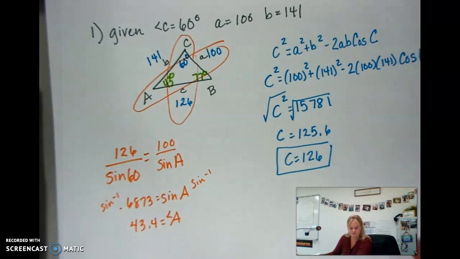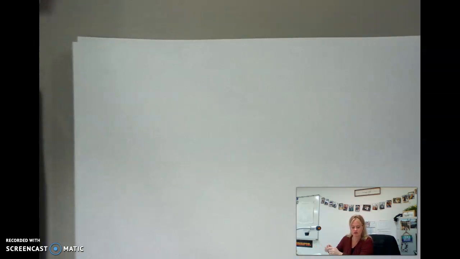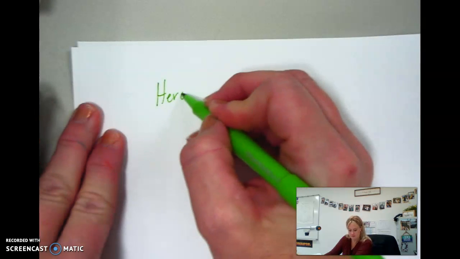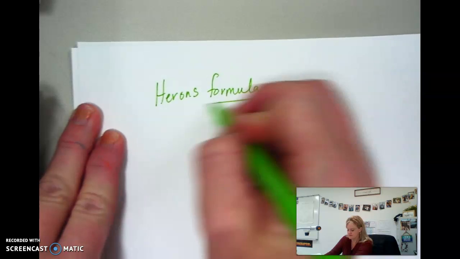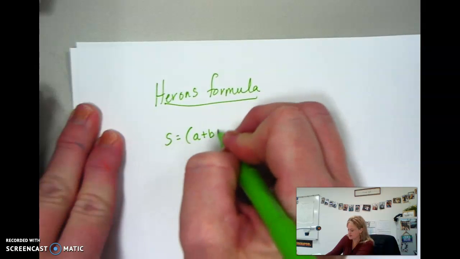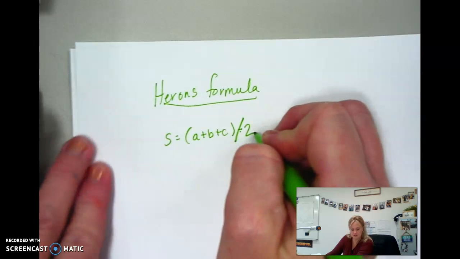Okay, the other formula that I want to show you is Heron's formula. And that is when we take the sides divided by 2.